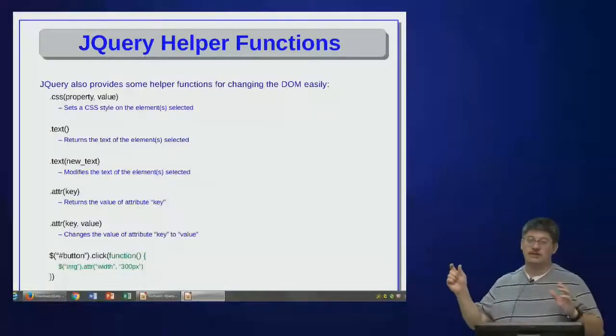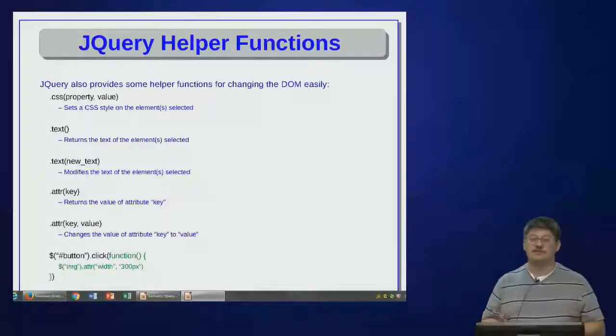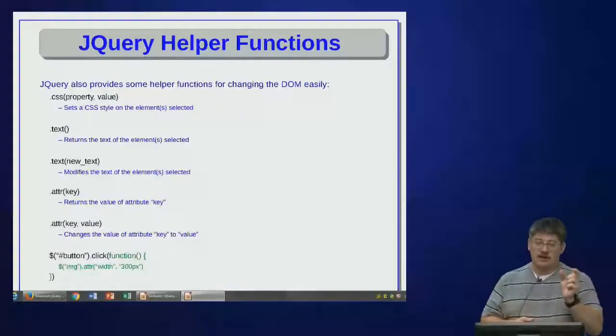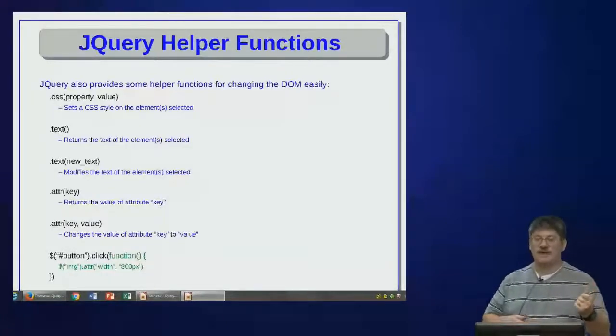And for value, I could put yellow. And that would do exactly the same thing I did before, except I didn't have to use a for loop. So this is really convenient. Probably should have given you some example code for that in this slide. Hindsight is 20/20. So the .css function after a jQuery selector will change the CSS property to the value.